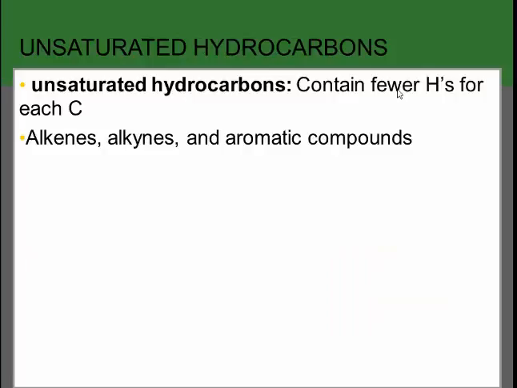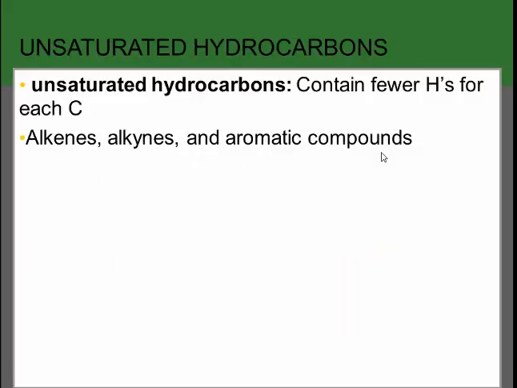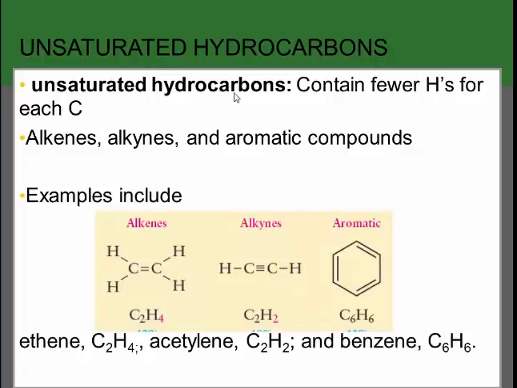Unsaturated hydrocarbons contain fewer hydrogens for each C. And so if we were to take a formula, say C2H2, we can certainly determine that it does not fit this formula. If C is 2 and the H is 2, it doesn't fit 2n+2. So that would be considered an unsaturated hydrocarbon. Alkenes, alkynes, and aromatic compounds all fall in the class of unsaturated hydrocarbons.